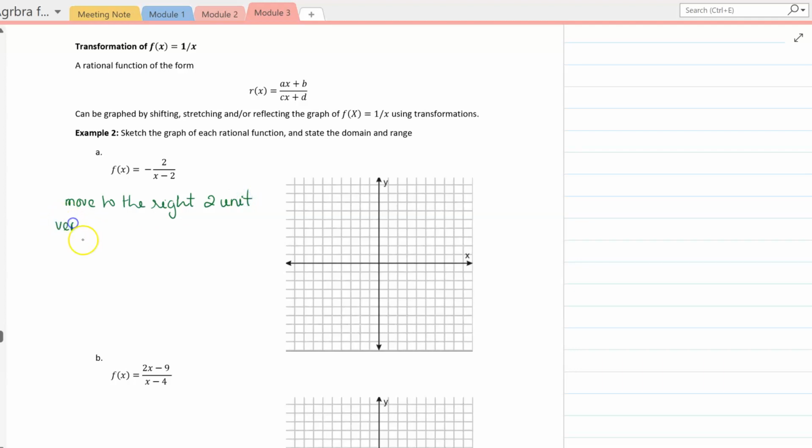We have a vertical stretch of 2, and it's also reflected across the x-axis, compared to the graph of f of x equals 1 over x.